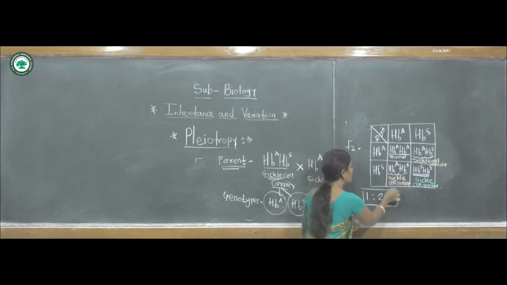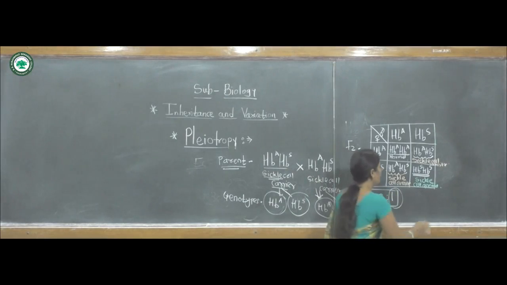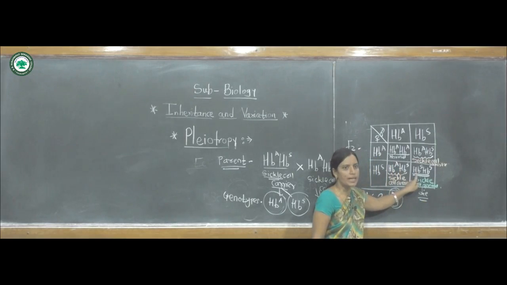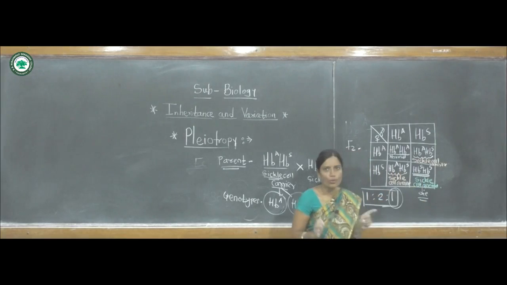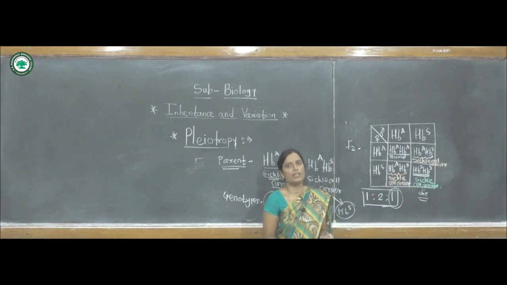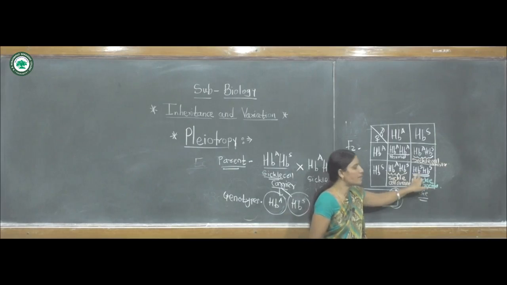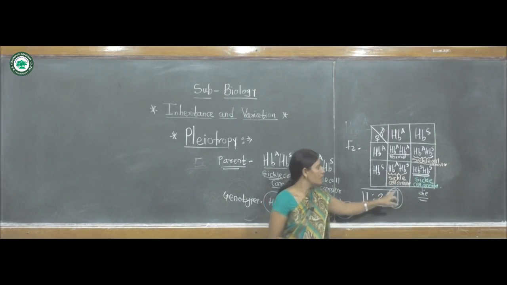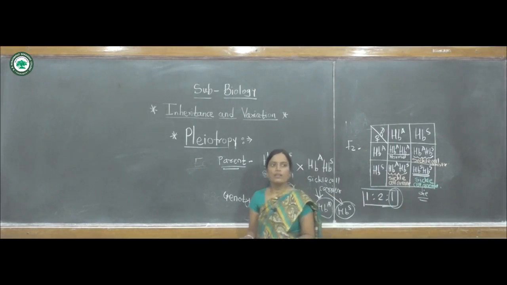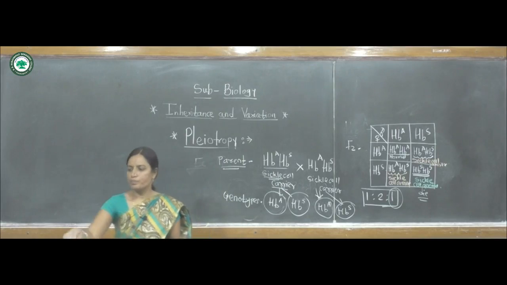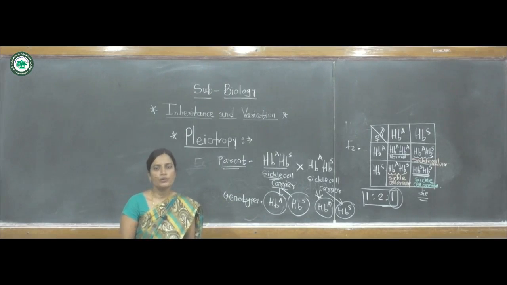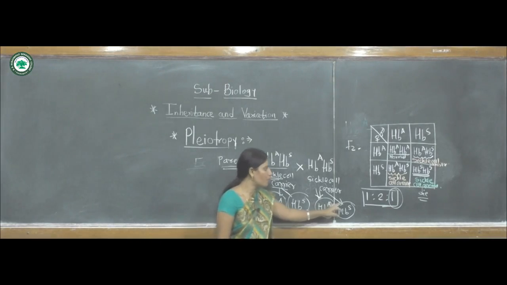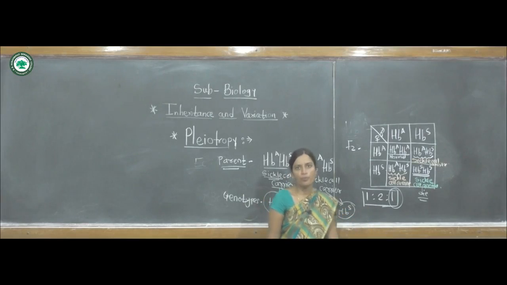But this one, this offspring dies, because HBS and HBS is a homozygous recessive gene, a diseased gene, and it causes human beings to die. This is how sickle cell anemia disease occurs in human beings, and this is one example solved, and the ratio obtained is 1:2:1.